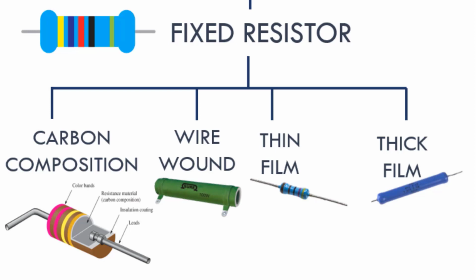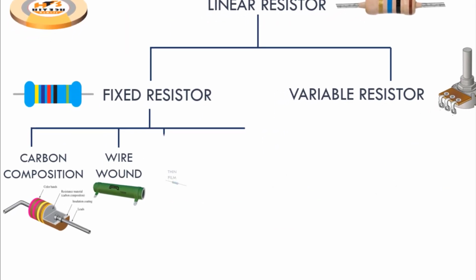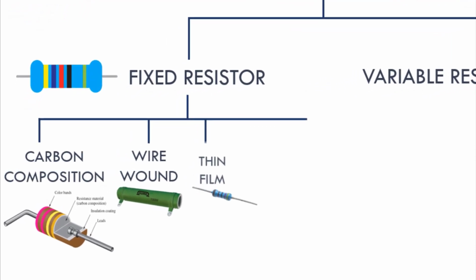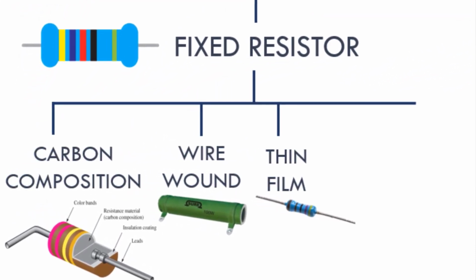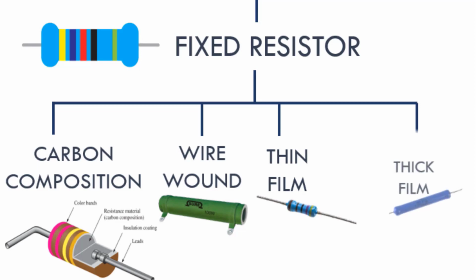Wire wound resistors are costly and cannot be used for high frequency applications due to induction effect. Thin film resistors are made from high grit ceramic rod with a resistive material. A very thin conducting material layer is overlaid on an insulating rod or plate, which is made of high quality ceramic material, or sometimes it is made of glass.